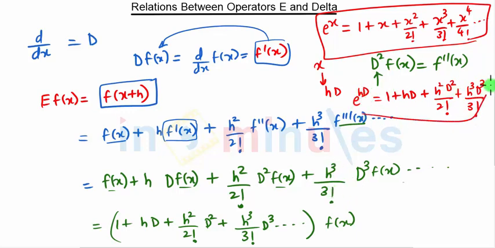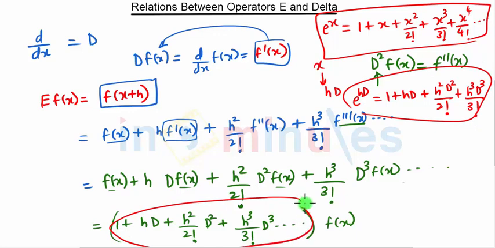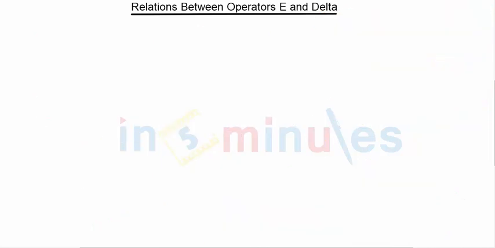So if you compare, this term is nothing but e raised to hD into f of x. So e of f of x is nothing but e raised to hD into f of x. You can cancel this f of x. We will get E equal to e raised to hD.